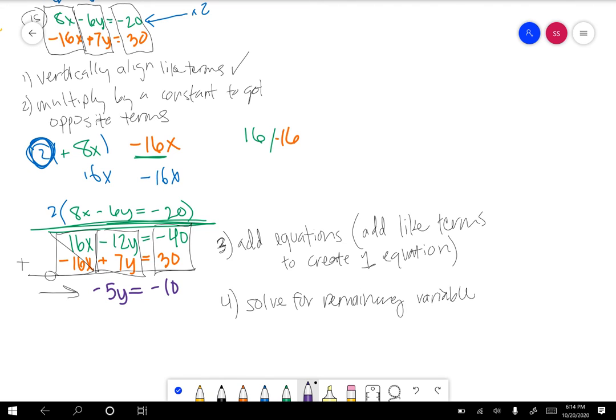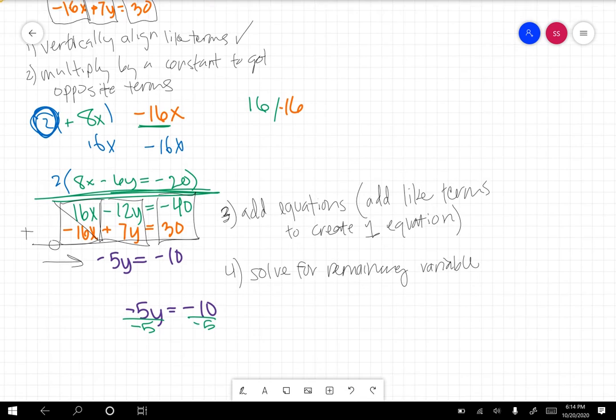So to isolate y, maybe I'll just rewrite it down here so we have a little more space. It's being multiplied by negative 5 right now, so we want to divide by negative 5 on both sides, because we have to keep that balance.